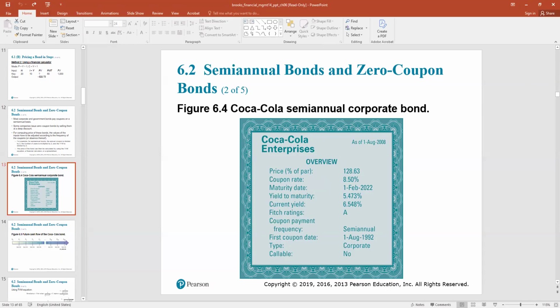So the first coupon date is August 1992. And the maturity date is 1st of February 2022. It starts from first February.